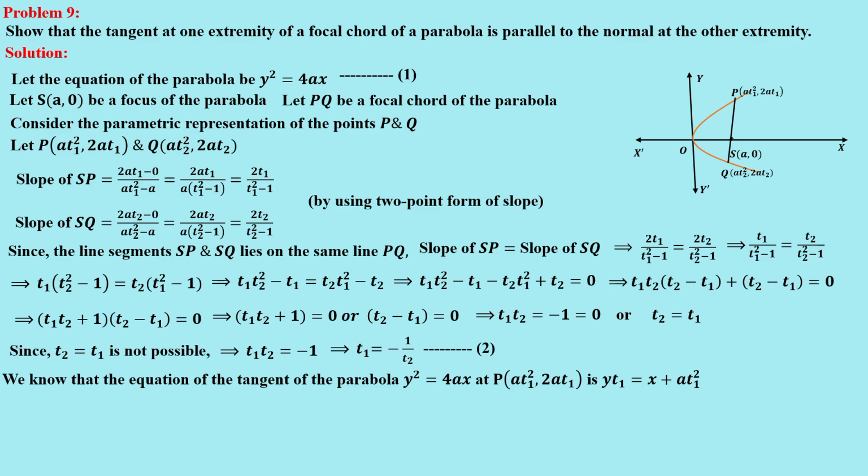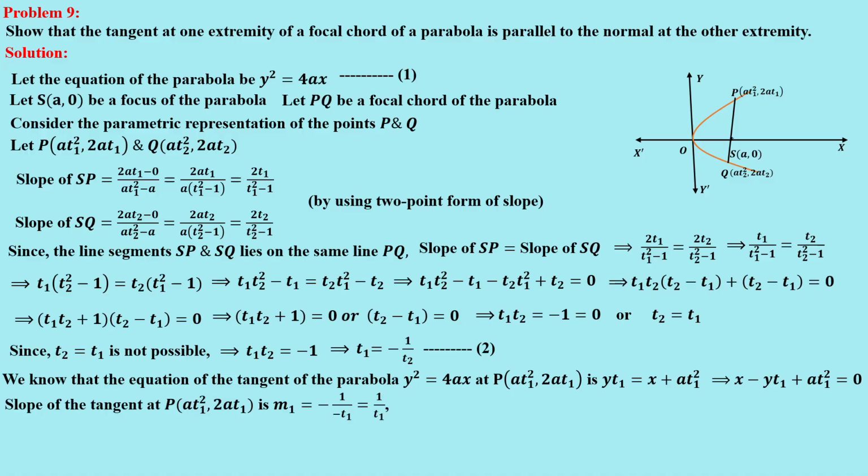We know the equation of the tangent to the parabola y square is equal to 4ax at the point P (at1 square, 2at1); this is the formula: yt1 is equal to x plus at1 square. So writing x term, y term, then constant term in the standard form of a straight line: x minus yt1 plus at1 square equal to 0.